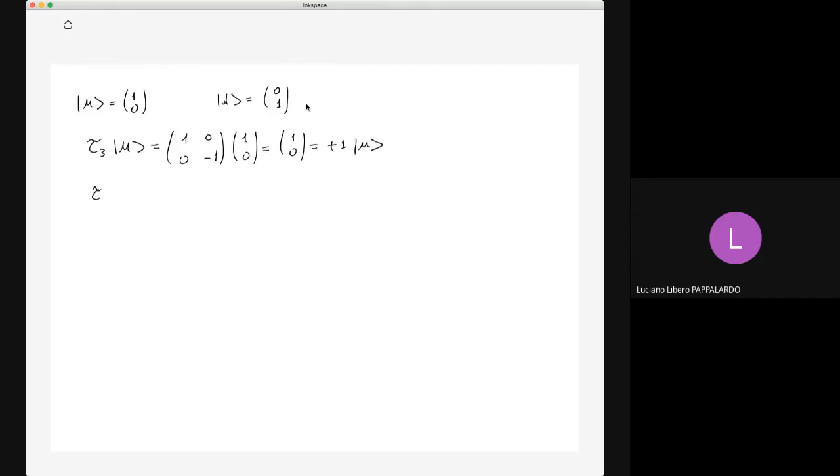Let's now apply this to the down quark isospin state. That is (1,0; 0,-1) acting on (0,1). In this case, you get (0,-1), that is minus (0,1), that is minus 1 times d. So in other words, (1,0) is an eigenstate of tau3 with eigenvalue plus 1, and (0,1) is an eigenstate of tau3 with eigenvalue minus 1.